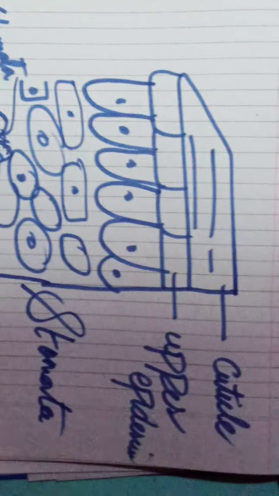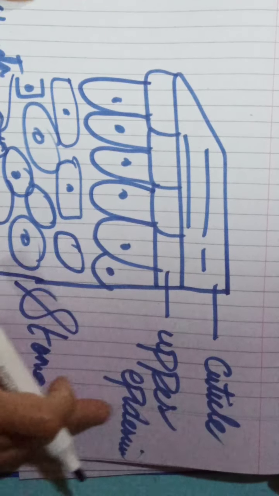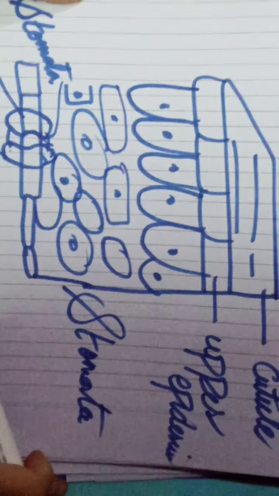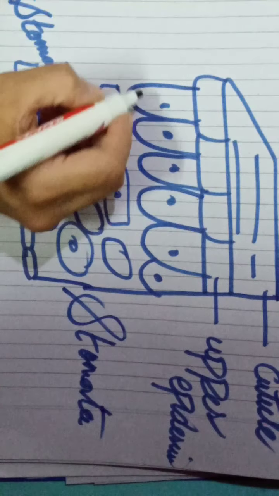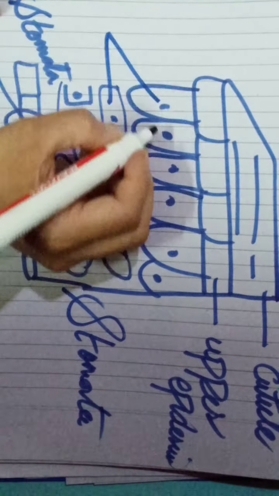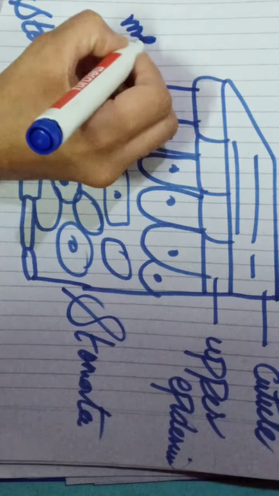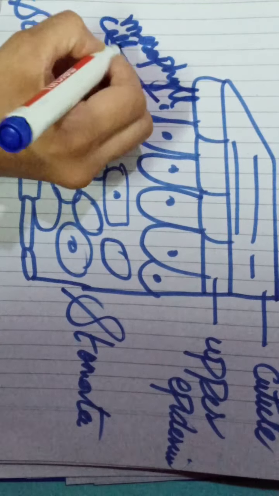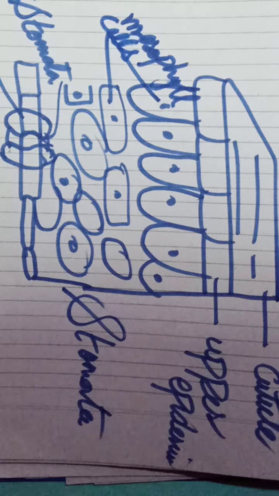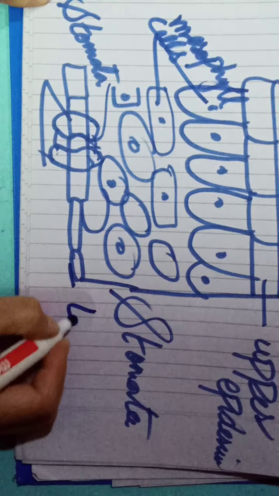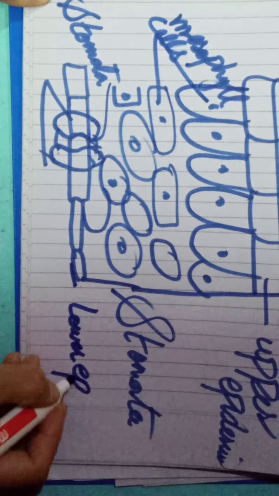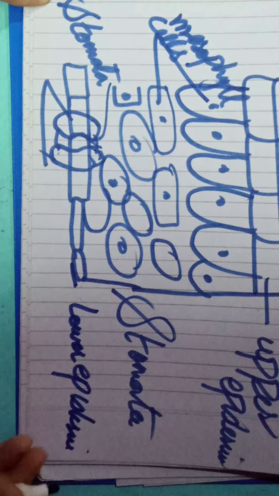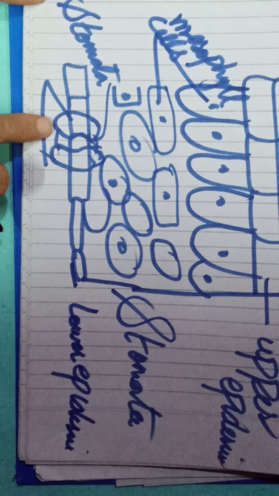Okay, clear? Cuticle, upper epidermis, and these are mesophyll cells. The pores present take part in the process of cellular respiration. The lower epidermis has specified cells called guard cells.